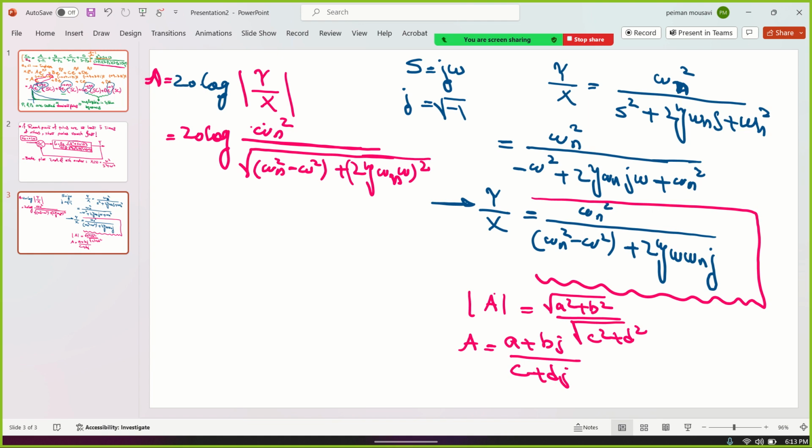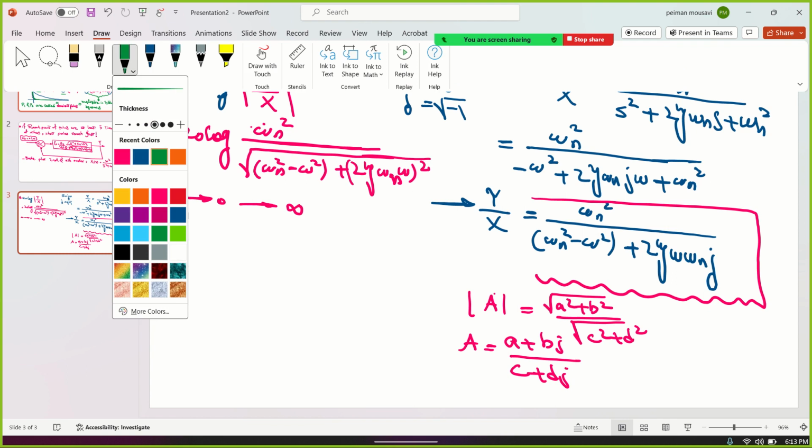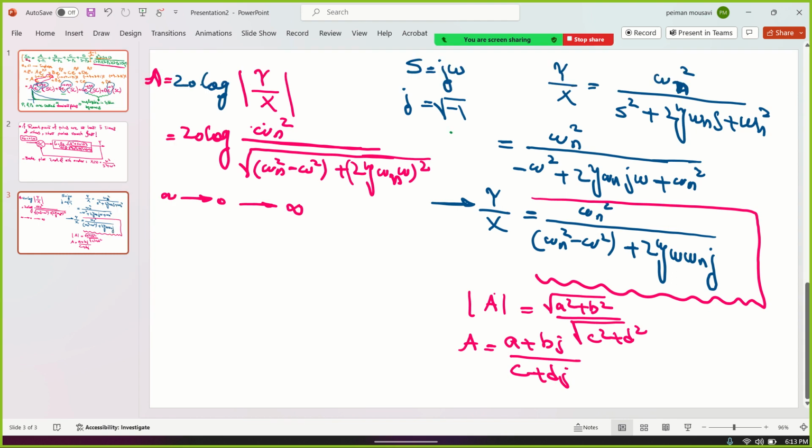We have to plot this by changing omega from 0 to infinity, the excitation frequency. I assume I'm gonna plot only for the underdamped system, but when I go to MATLAB, I'm gonna teach you the overdamped system too.